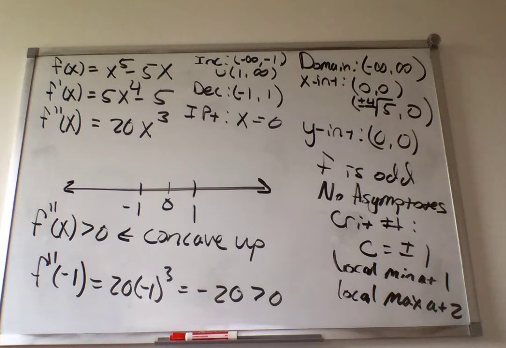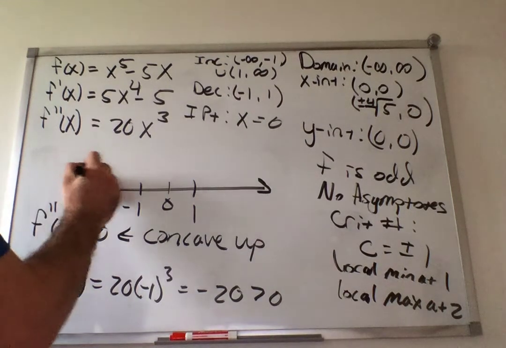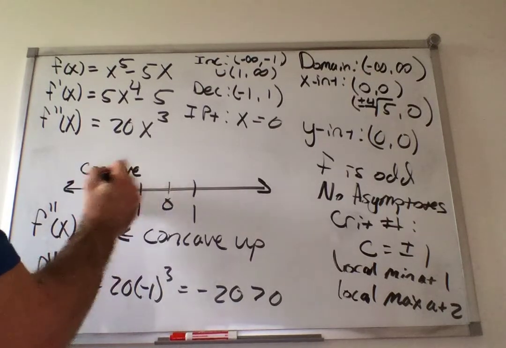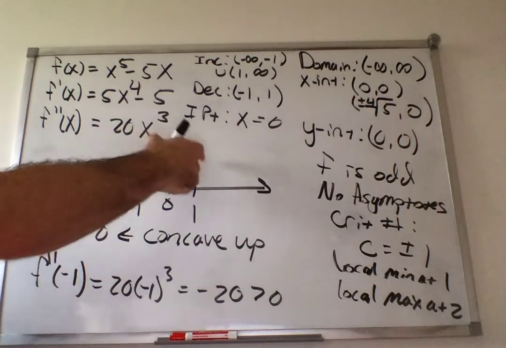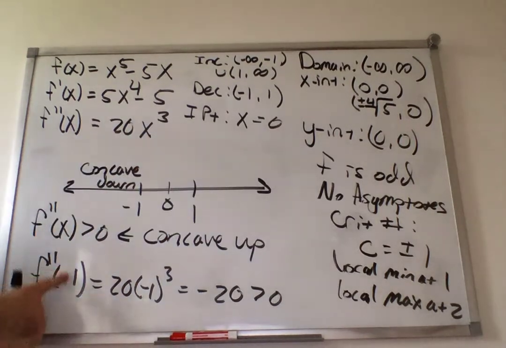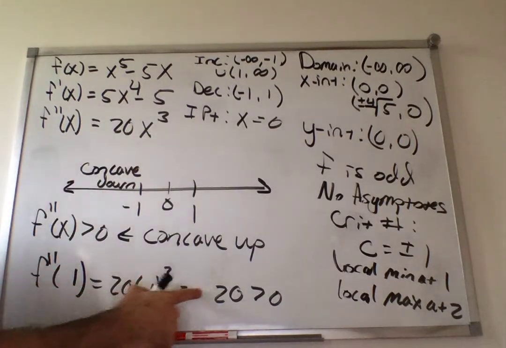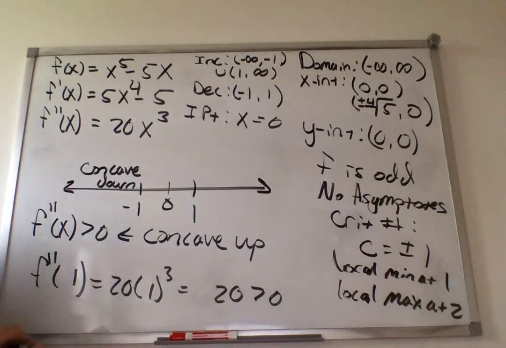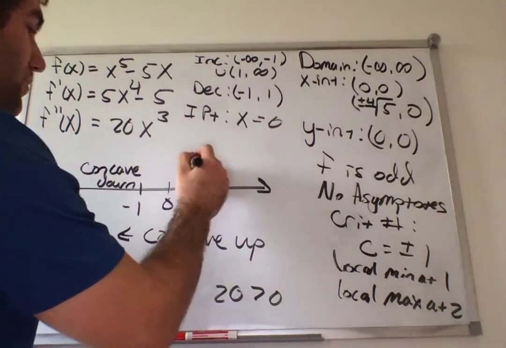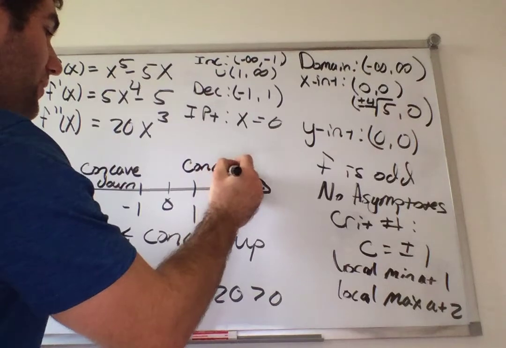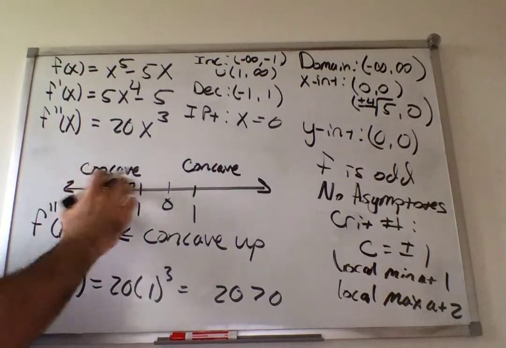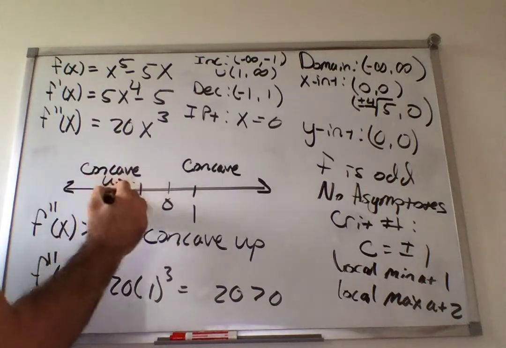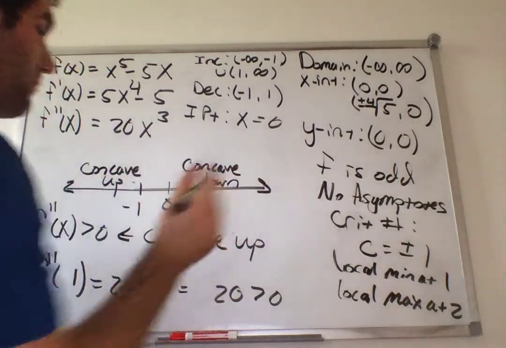So on this interval, we are concave down. Now if I plug in 1 here, the negative goes away. Is 20 greater than 0? It is. So over here, we're concave up. Ooh, I wrote down here, this should have been up. Over here, we're concave down.